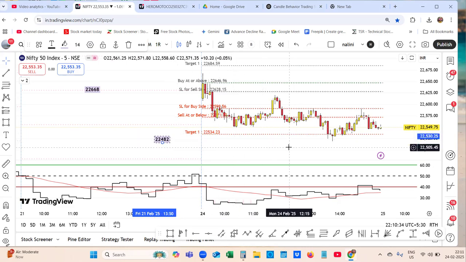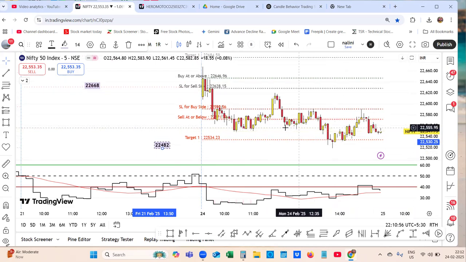If the VIX contracts, then the price movement may not reach the exact Fib level. The idea is to get an overall idea of the price reaching that level so that you will not make any mistake.